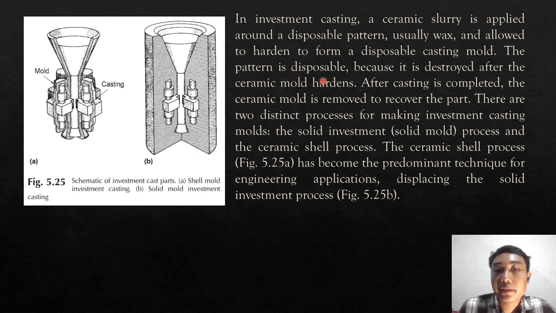The pattern is disposable because it is destroyed after the ceramic mold hardens. After casting is completed, the ceramic mold is removed to recover the part. There are two different processes for making investment casting molds: the solid investment mold process and the ceramic shell process.